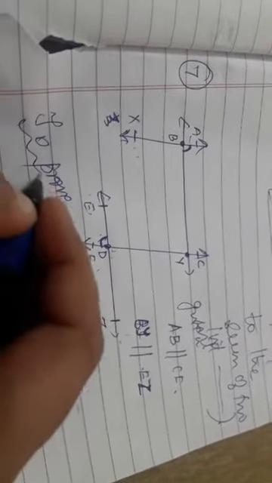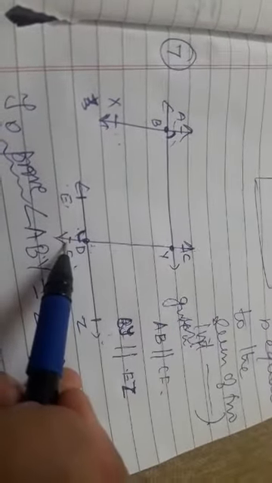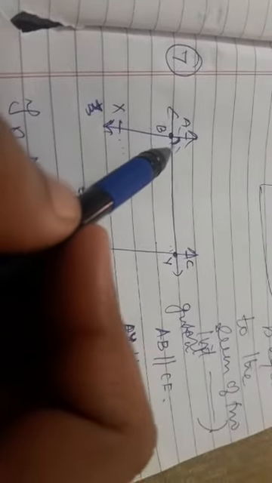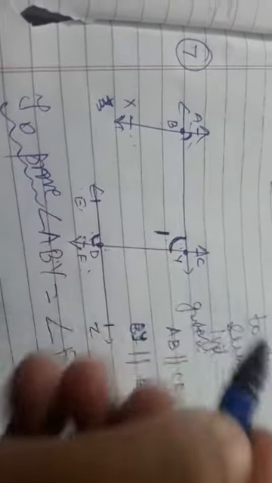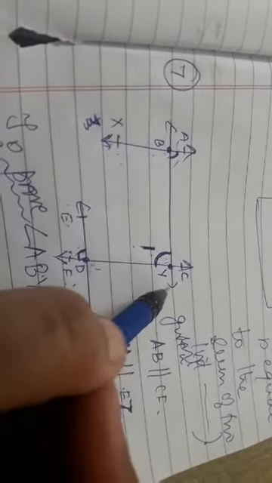Now, as I told you, first analyze the question. How will you prove that these two angles are equal? We have to somehow take the relation between the angle from here to here and then from here to this side. So what I'll do is I will take this angle as angle 1, right? Now this angle B is equal to angle 1, they are alternate interior angles because these lines are parallel and this is a transversal.